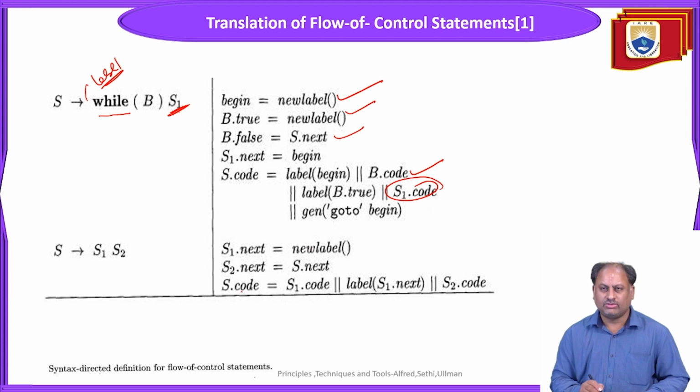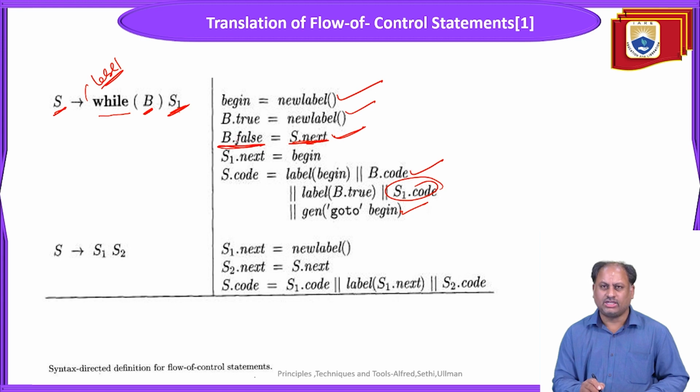Each time S1.code is to be executed, and then go to begin. Every time the loop continues with the begin. If it is false, then it won't execute and goes to S.next. That means it skips off the while loop. If it is false, it skips the statements S1, which are not to be executed.